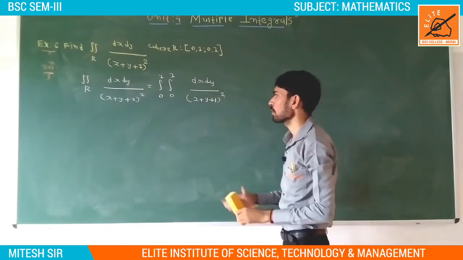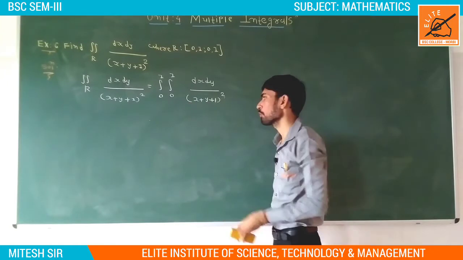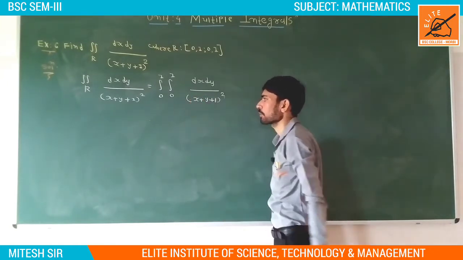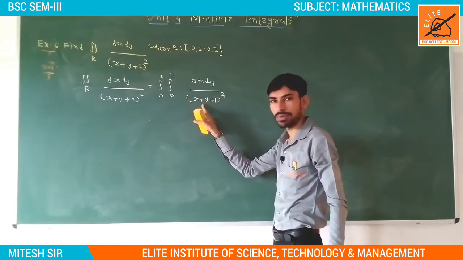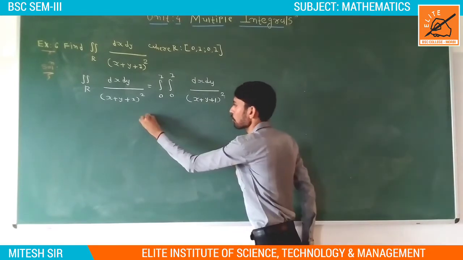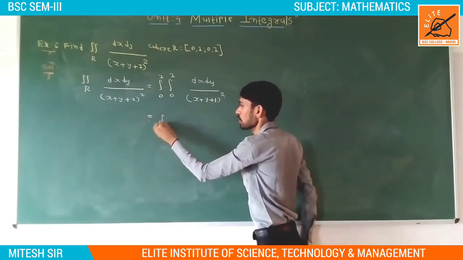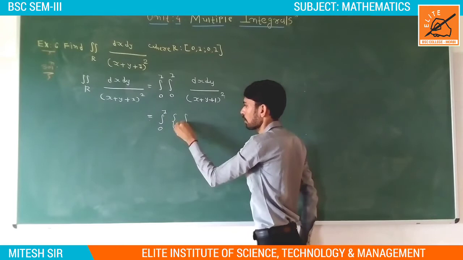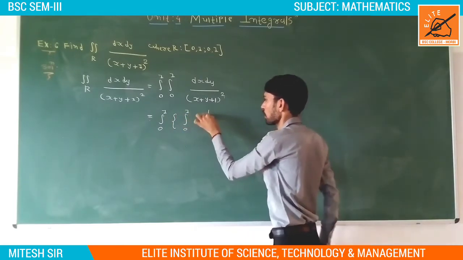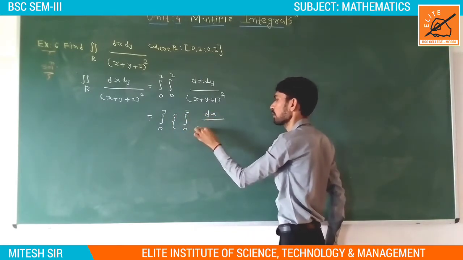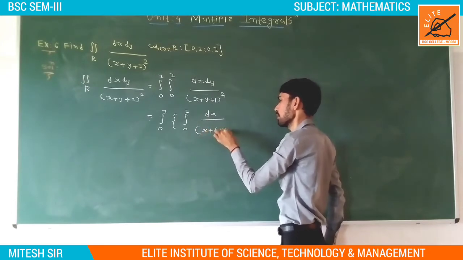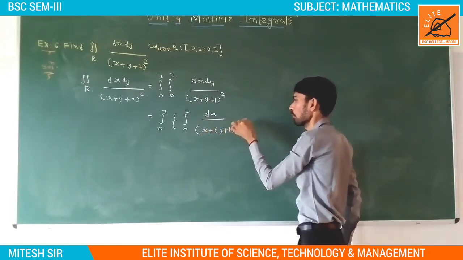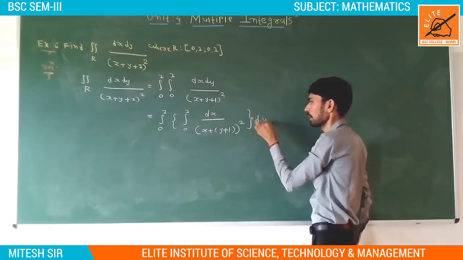As we know, we can do it with respect to x or with respect to y, as per your choice. So here we are doing integration of this function first of all with respect to x, or you can also do it with respect to y. So integration 0 to 1 in a bracket, integration 0 to 1 dx upon (x plus y plus 1) whole square into dy.